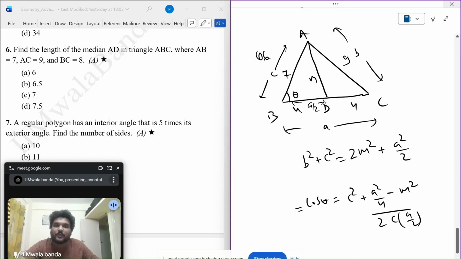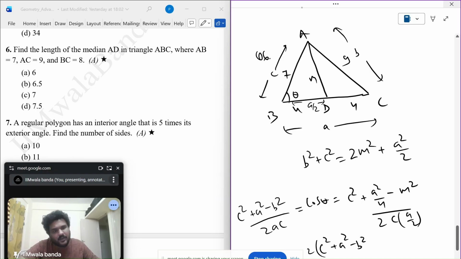And similarly, if you put cosine law in the bigger triangle, c square plus a square minus b square upon 2ac will be this. So if you equate these two, c square plus a square minus b square, and this is 2ac, this is also 2ac. Let that half come on this side, it is equal to c square plus a square upon 4 minus m square.